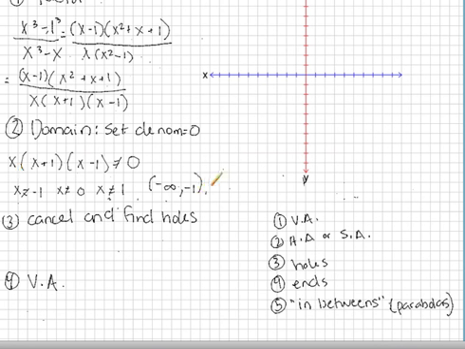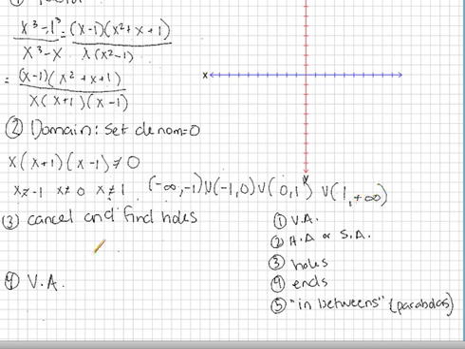So we're excluding that from our domain. Then we're going to go from negative 1 to 0. 0, of course, again, is not included. And then we'll be going from 0 to 1, not included. And then we're going from 1 all the way out to positive infinity. So that would be the domain of our expression.